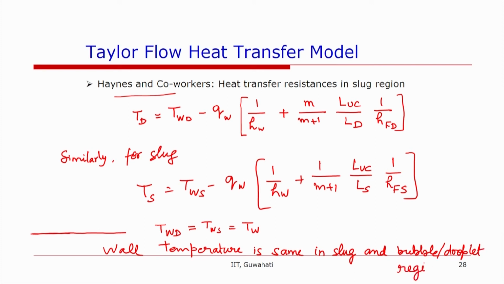This approximation is more valid in the droplet region where the heat capacity of the two phases will be of the same order. So, the temperature will be about same for the two phases.